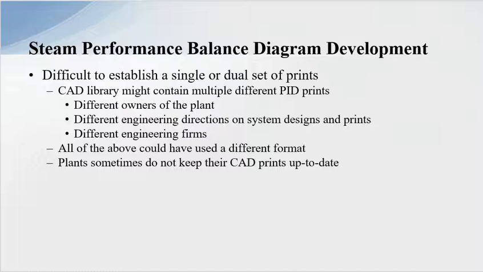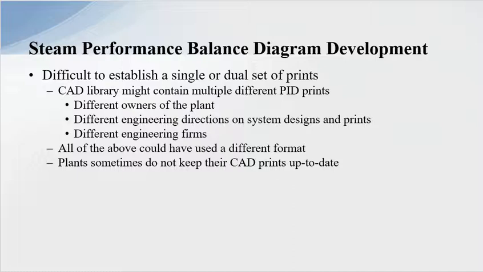Different owners of the plant have different print diagrams, and different engineering firms come in and give us different directions on their system design and prints. All of it is saved in different formats. Plants do not keep the CAD prints up to date, which also causes a lot of issues. So it's gathering all this information, which can sometimes be challenging, to put the whole system together.